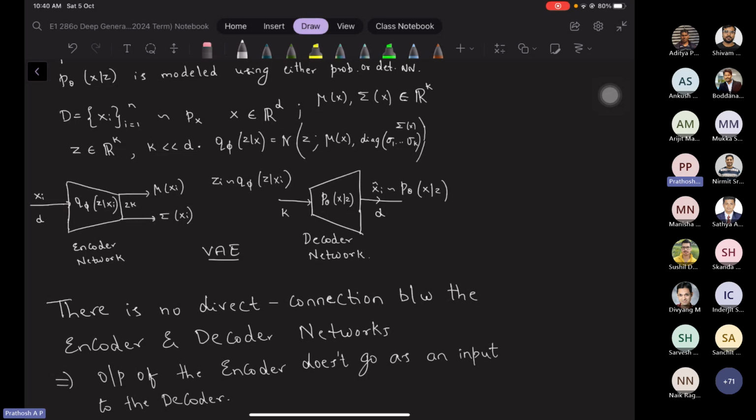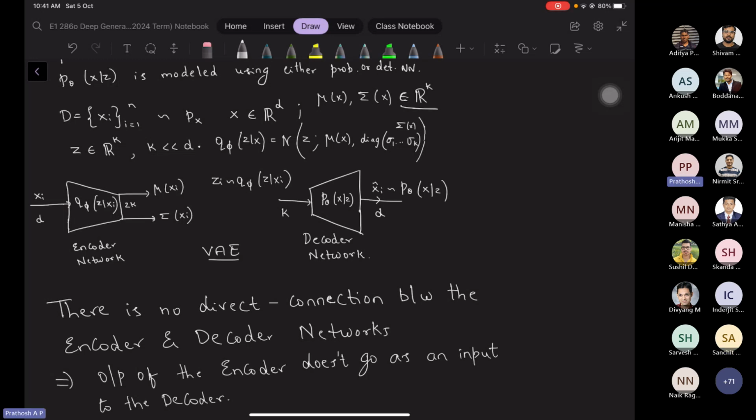Look at this, I've said that both of them lie in Rk, but they are functions of x. When I write something of x, it means that they are functions. But they are over the z, since they are also k dimensional. Absolutely. The neural network is taking an xi as an input, that's why it's a function of x. Got it, sir.